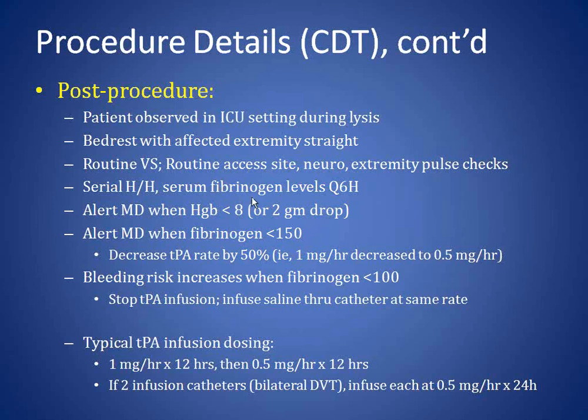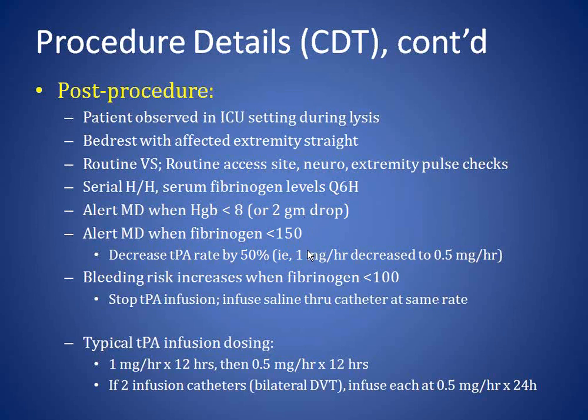So we usually get a baseline before we start the case. We check it every 6 hours. If the hemoglobin starts to drop significantly, if the patient has a headache, if the patient has severe back pain, or when the fibrinogen level, I usually have them call me when it's less than 200, but typically speaking, if it drops to less than 150, the treatment is to decrease the rate by half.